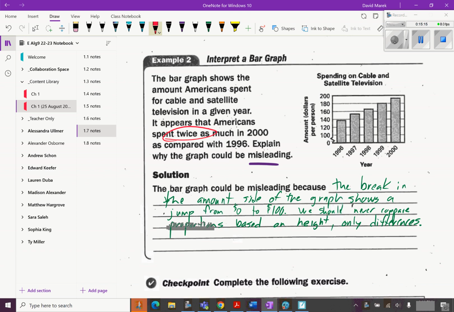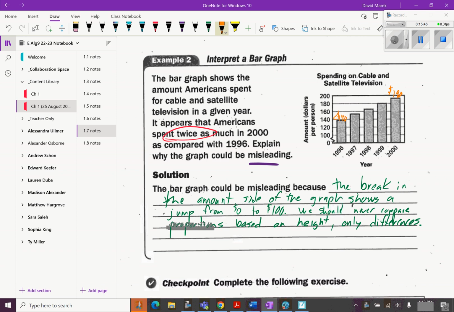So again, from this graph, we should be able to interpret that this is just a little bit less than $140 per person. And from this graph here, it's somewhere around, say, $190 per person. Okay? We can say that spending on cable and satellite television increased by approximately $50.